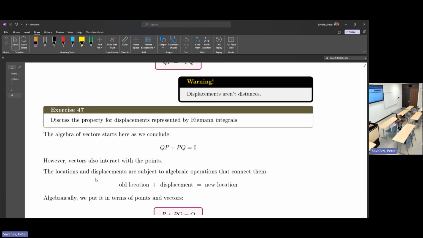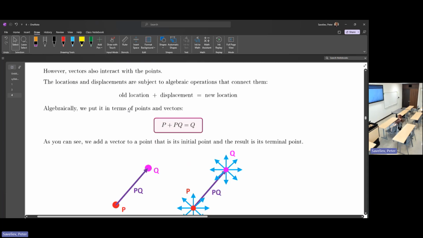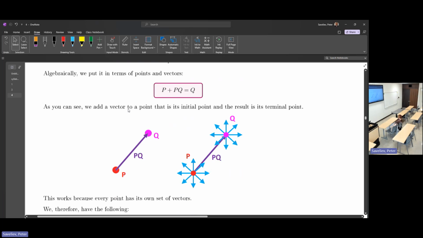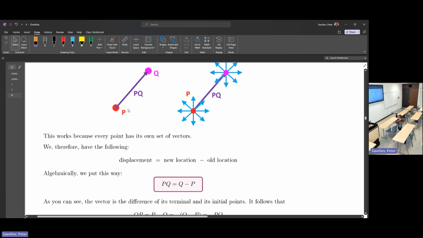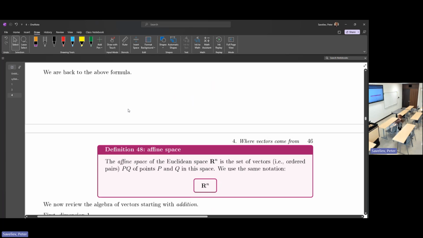That's the algebra that mixes up points and vectors. So P plus PQ is equal to Q, which means that Q minus P is the vector PQ. To make our life easy, just as before, we decided to shift everything to the origin.